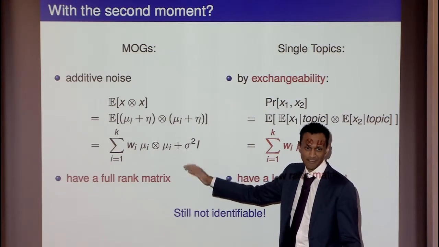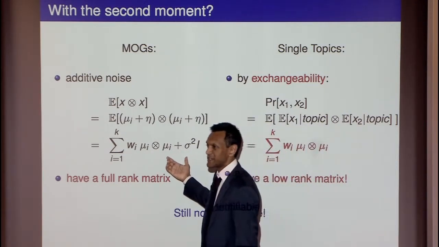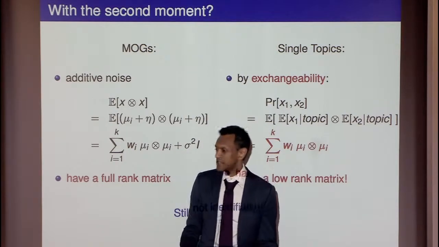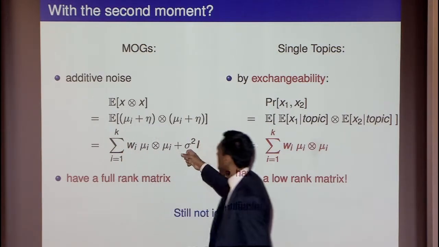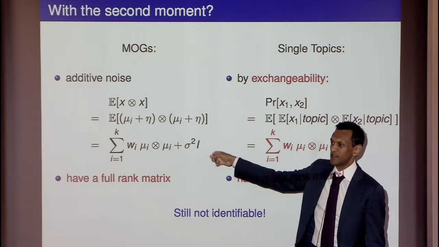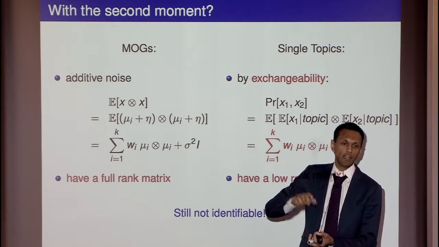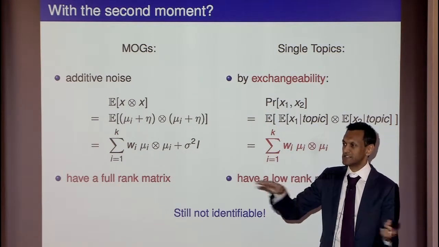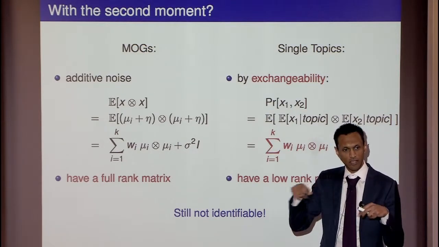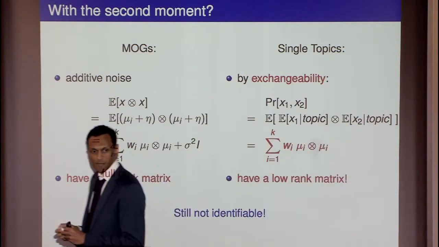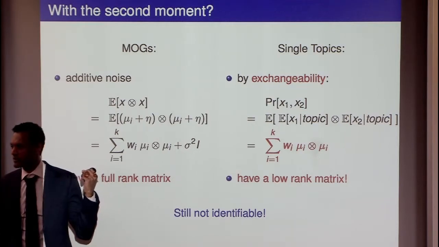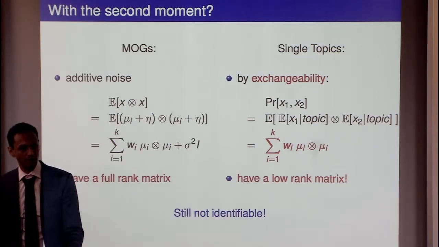It's the smallest eigenvalue. Intuitively, as long as k is less than d, you have to have variance at least sigma squared in all directions. So just find the direction with minimal variance, which is a direction not in the subspace spanned by the means, and that's sigma squared. Mathematically, it's just the smallest eigenvalue.